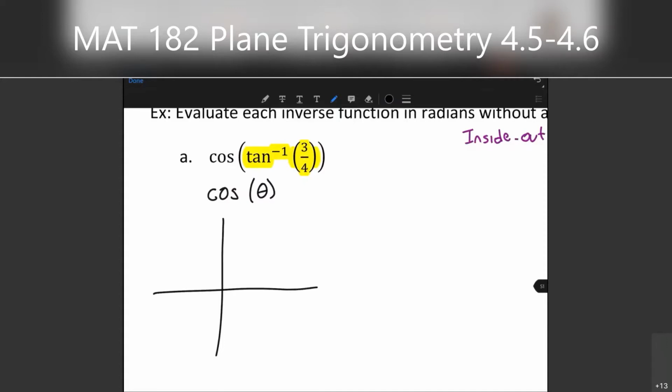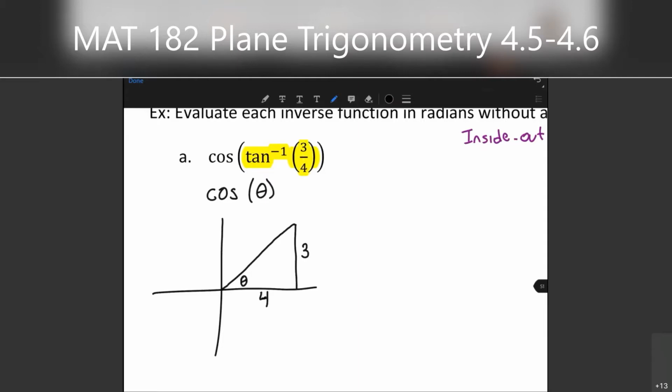It's a positive ratio. Tangent inverse 3/4 is positive, so we're going to be in the first quadrant, right? So if I was going to have some angle, we'll call theta here, I know that the tangent is the opposite, we'll call 3, and the adjacent, we'll call 4. That's exactly what tangent inverse of 3/4 would look like if we had an angle theta.